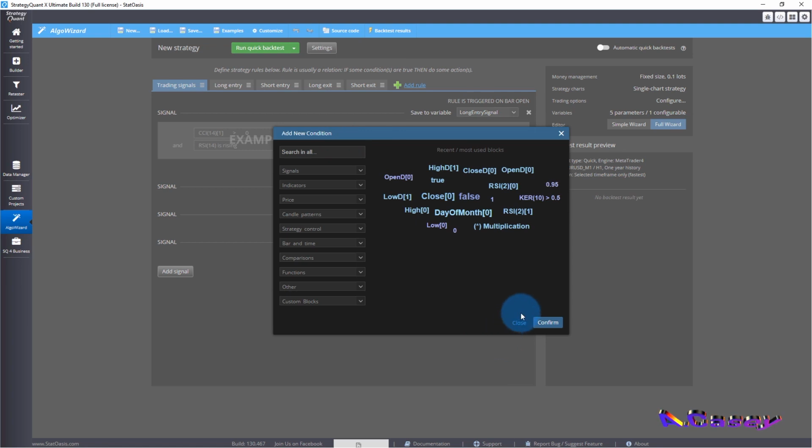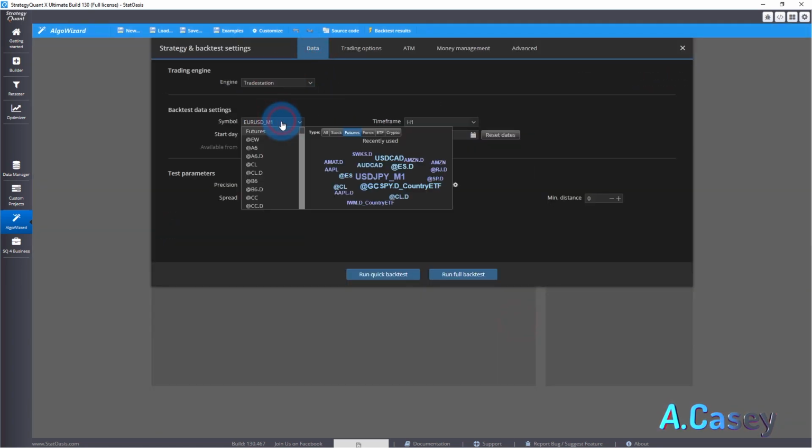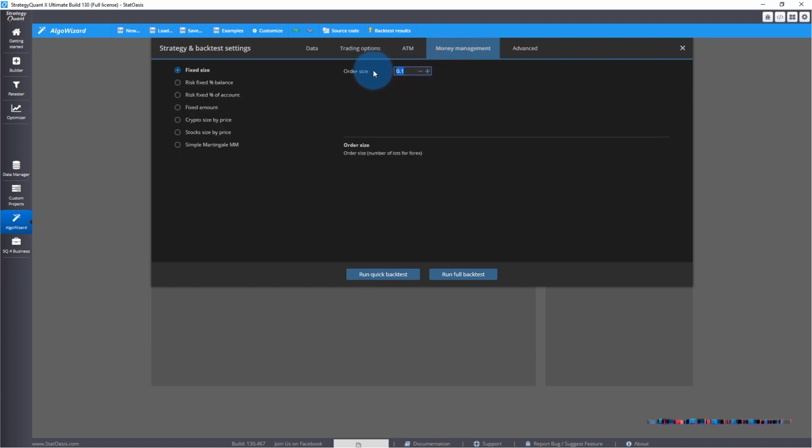It's simple. Let's pick the engine. I use TradeStation and GBP, and we will pick GBP US, and we'll do the daily time frame, and then we will do one lot.